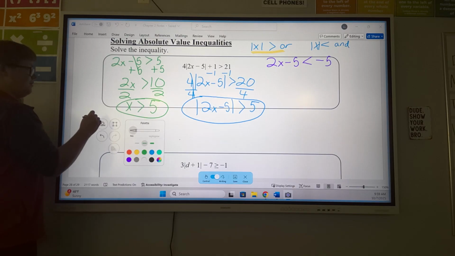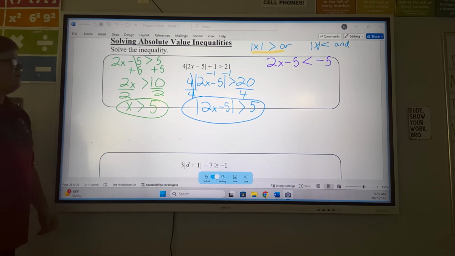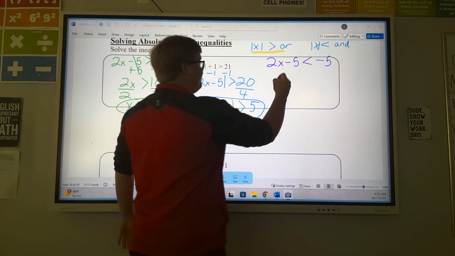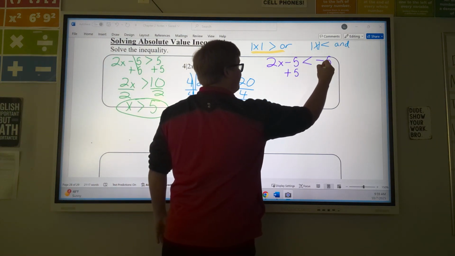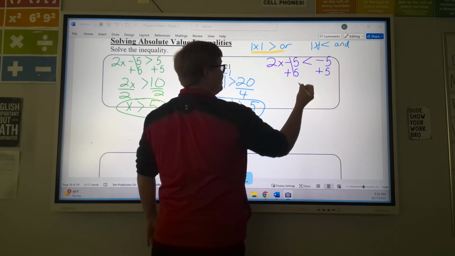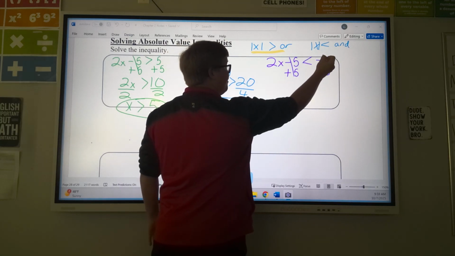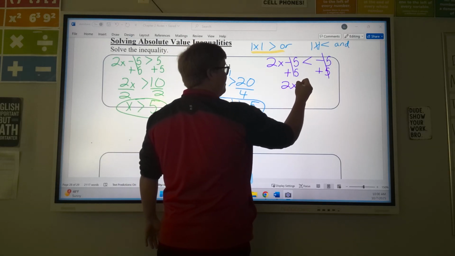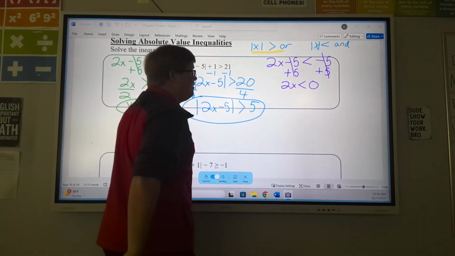Now we need to find our second answer. We do the exact same thing. We have to get rid of that negative 5 by adding 5, which cancels this out, and negative 5 plus 5 also cancels itself out and turns into 0. So we have 2x is less than 0.